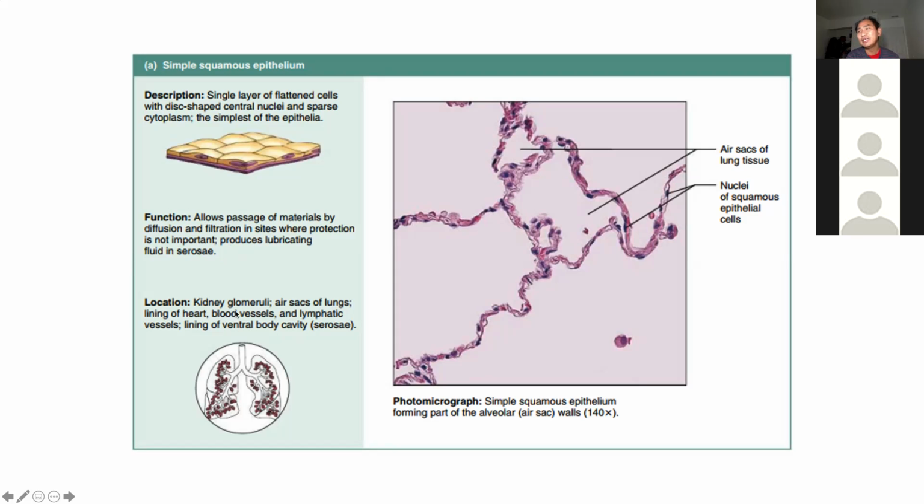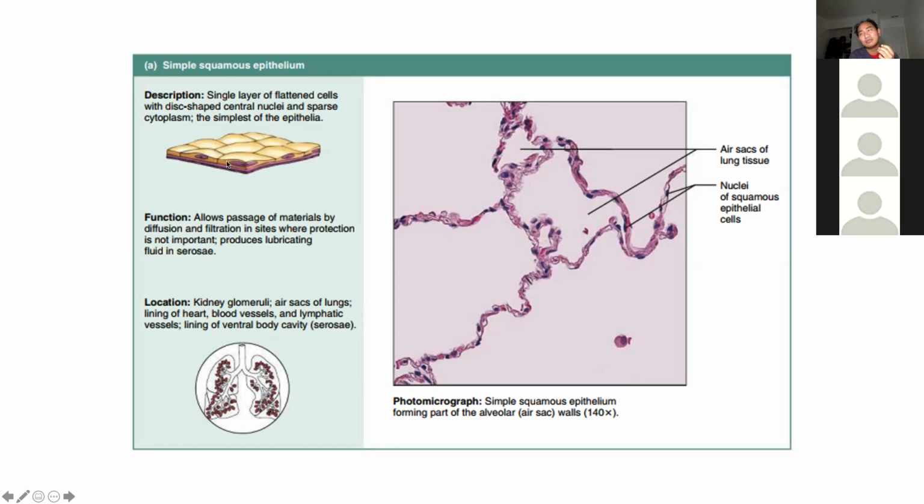We use it in the lungs, at the end of the lungs, which is called alveoli, and in the blood vessels and lymphatics, where gas exchange and nutrient exchange occur. So at the periphery, like very small blood vessels, which we call capillaries. So the main function is filtration and diffusion.